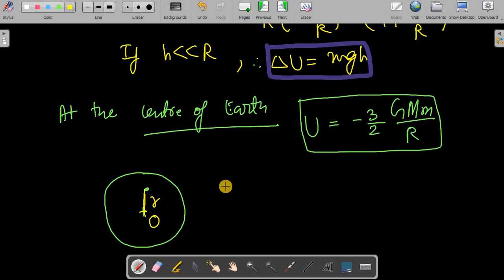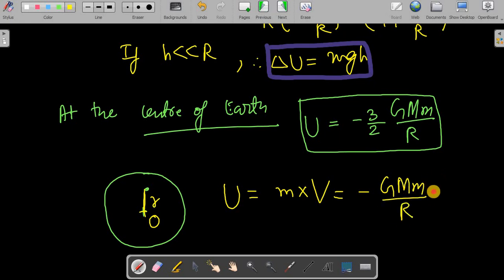The potential energy at that location is nothing but mass times the potential at that place. So you multiply by the potential at that place, and you remember the formula for potential: minus GMm by capital R, times 3 by 2 minus r square by 2R square.